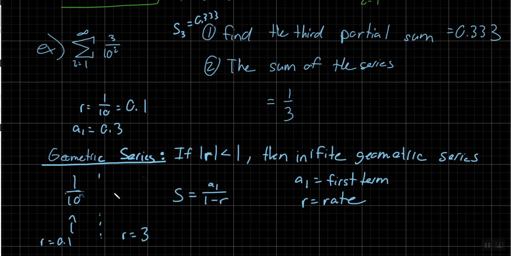Okay, let's apply it to this problem. It can get a lot uglier than this. This was a simple one, but it can get ugly. So I use this formula for this problem. I have S equals my first term, 0.3, over 1 minus 0.1, which we said was our rate.